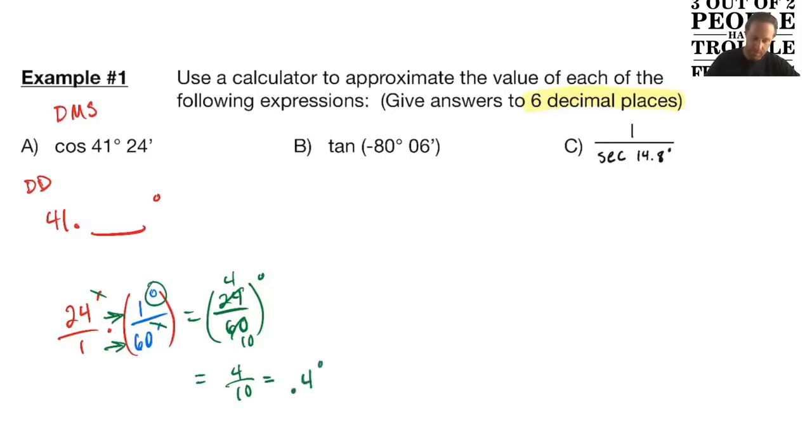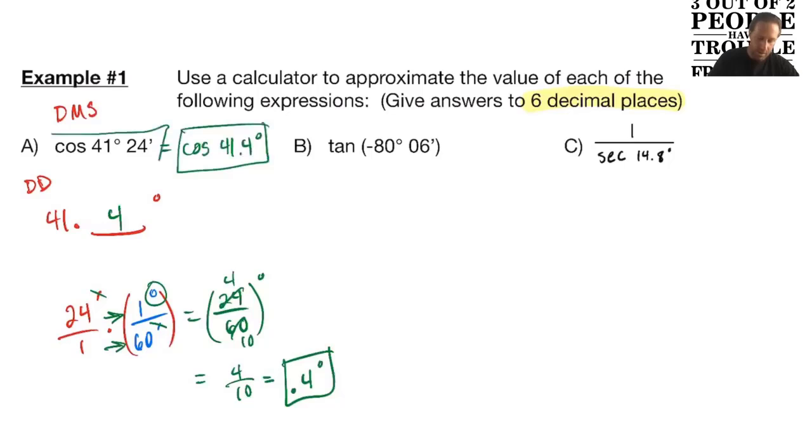If I punch that in the calculator, or get it to be a denominator of 10, 100, or 1,000, then I have it in its decimal form as well. So this is equivalent to saying the cosine of 41.4 degrees.